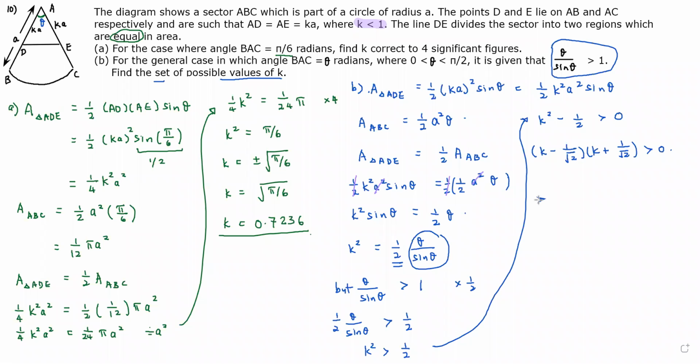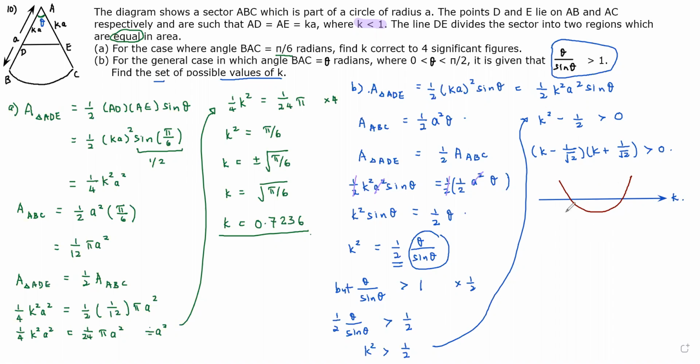But k squared minus 1 over 2 is actually a quadratic curve. This is a parabola, and you can actually draw a parabola like that. It opens up because the coefficient of k squared is positive. You just think of it as x squared minus 1/2. It's a graph like that.